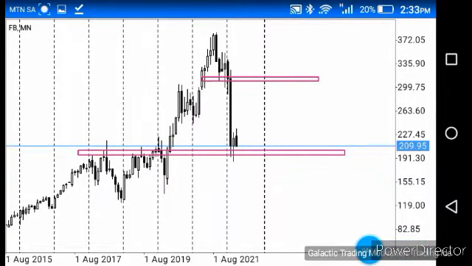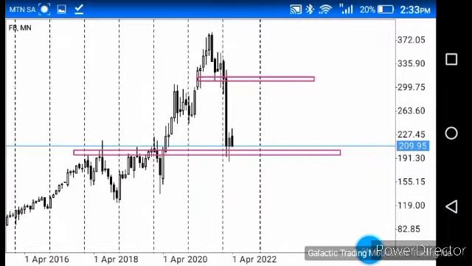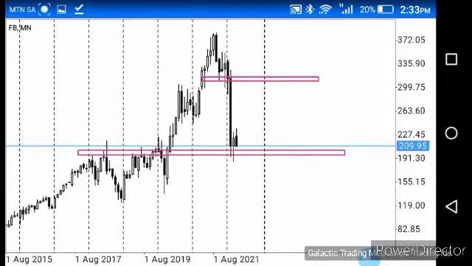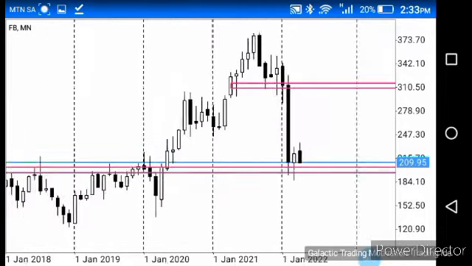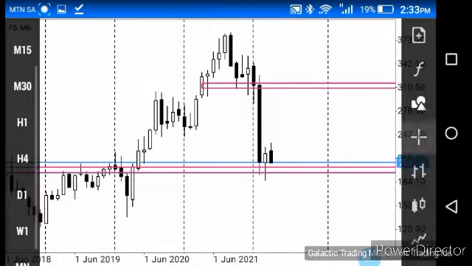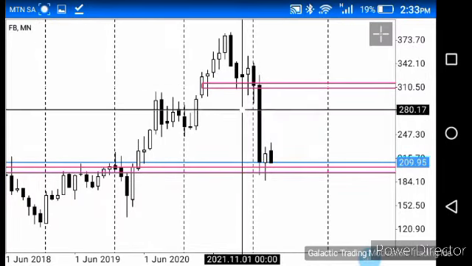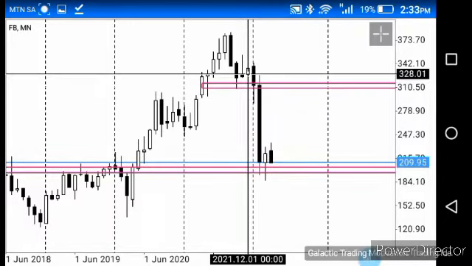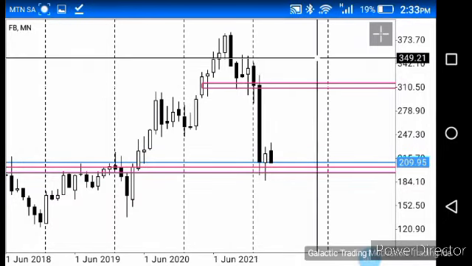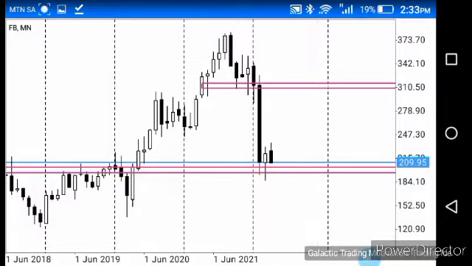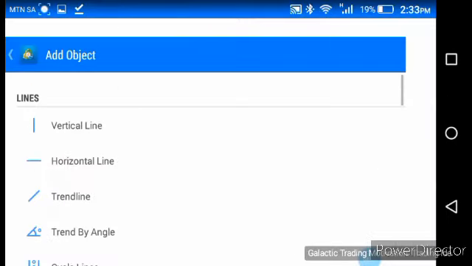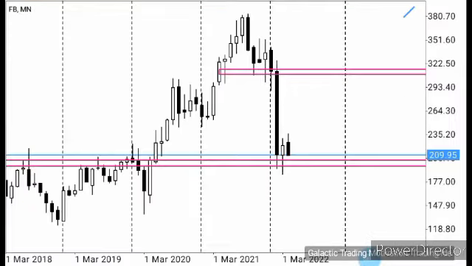So that's the monthly chart. Before we go into the weekly chart, there's another thing that I would like to point out, which is that we have here a bullish candle with a very small body and a long upper wick, which tells us that at this level we have what we call liquidity.